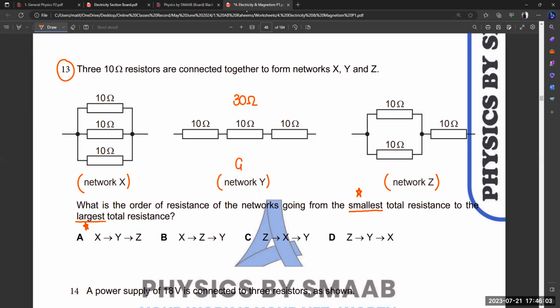X is in parallel, so you know that it will be the least, because we observe that in parallel combination the resistance is the smallest. And Y will be in the middle because it consists of parallel and series combination. So the order is X, Z, Y. The answer is B.